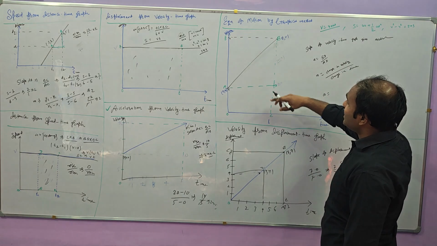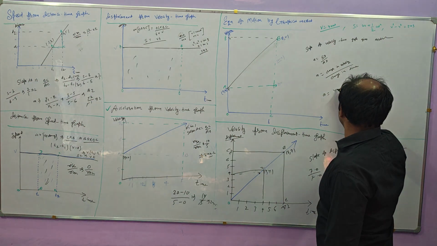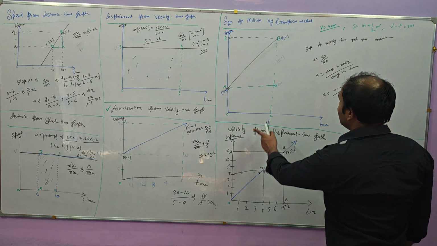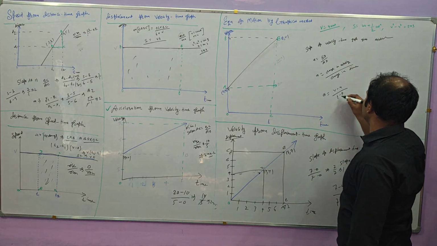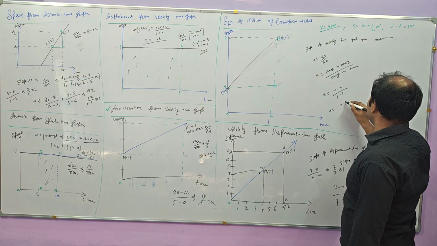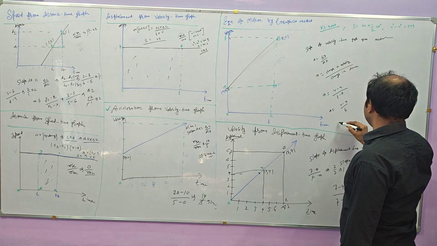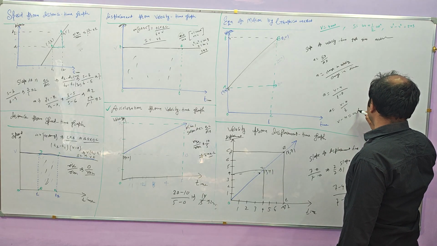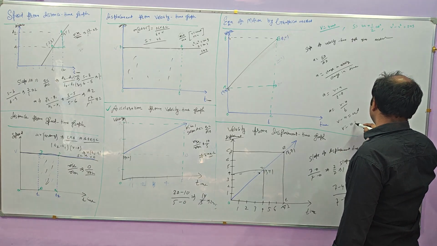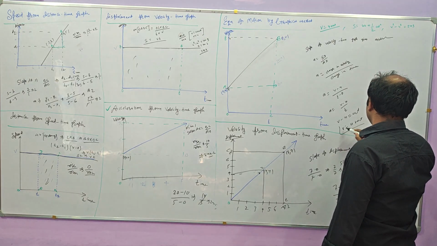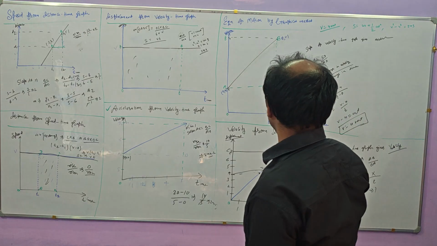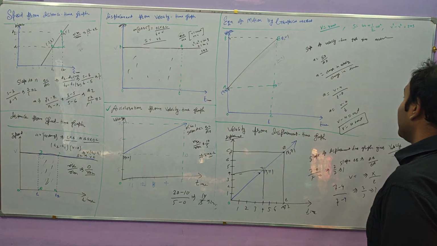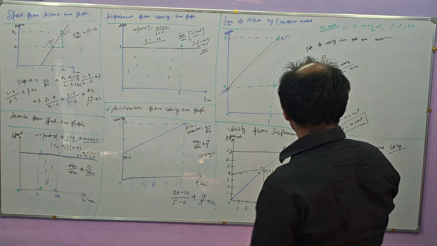Now A is equal to change in velocity, V minus U, upon change in time, which is T minus 0. We have V minus U upon T. That is V minus U is equal to AT, so V is equal to U plus AT. We got the equation V is equal to U plus AT. Now we have another equation.